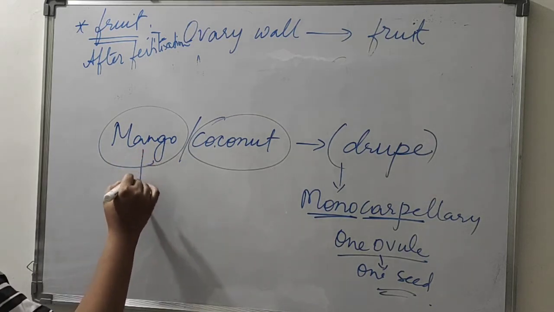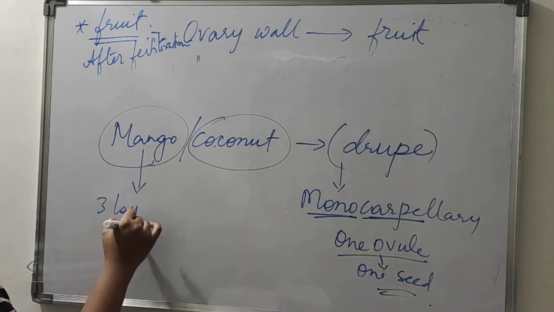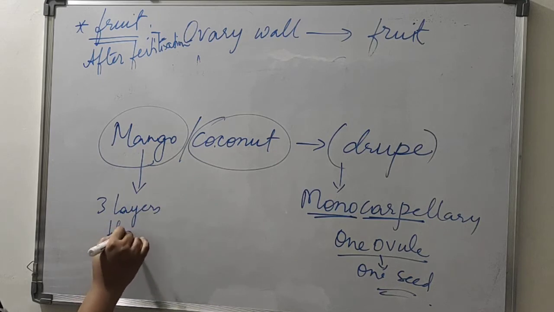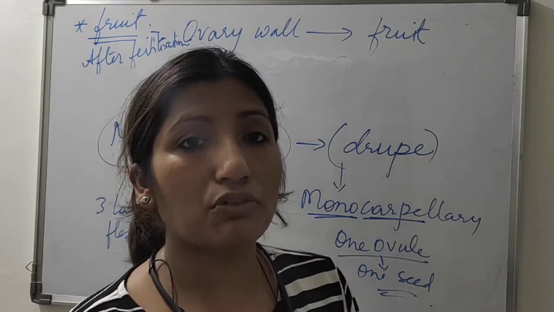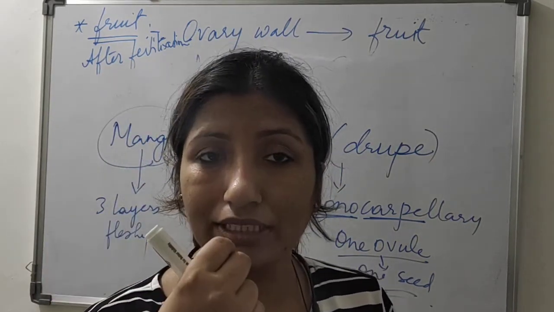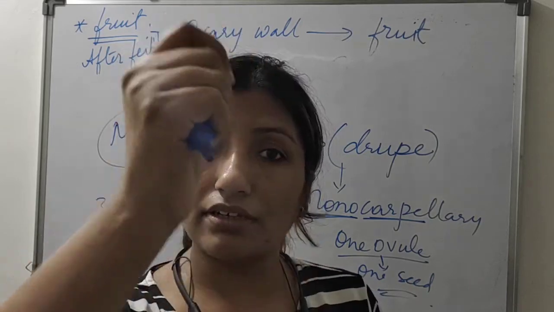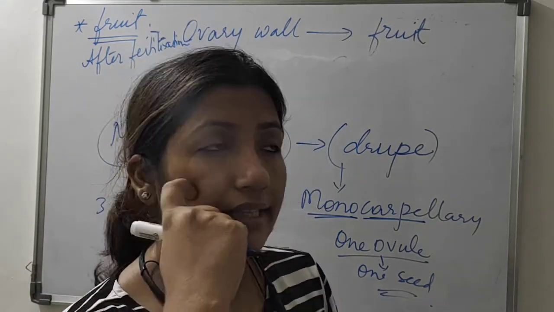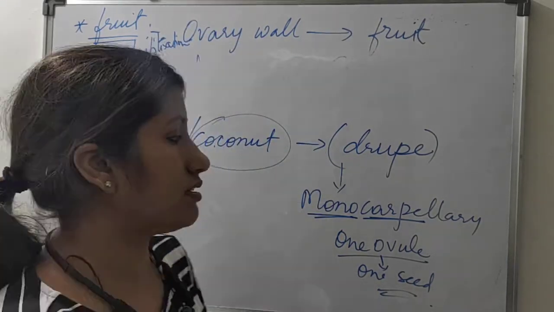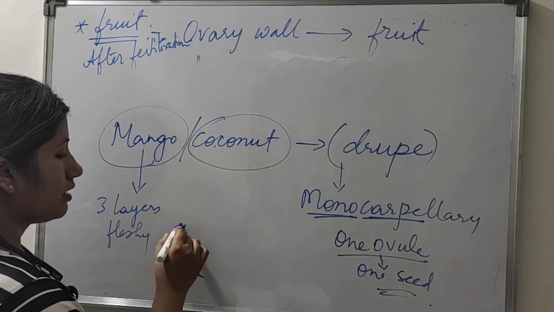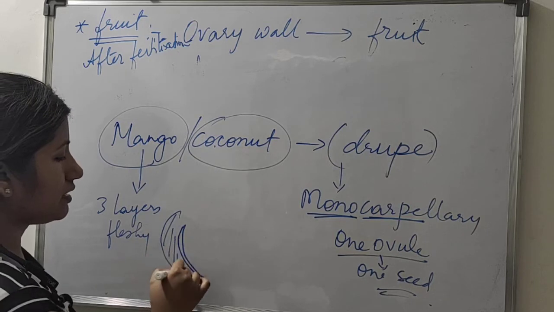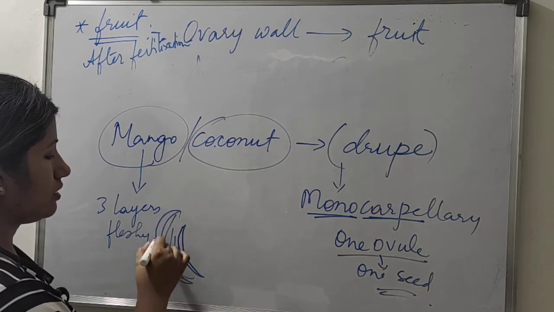Mango has 3 layers. The ectocarp is the peel, the green peel. The mesocarp is the yellow fleshy part which we eat. The endocarp is the little tough layer inside.